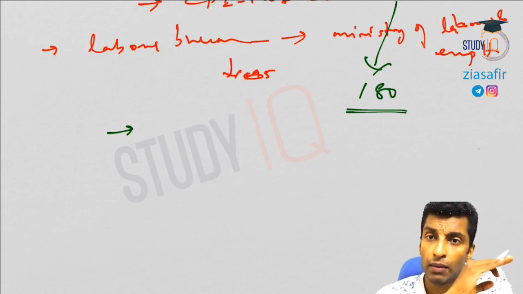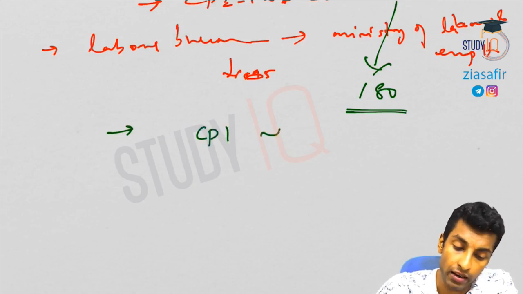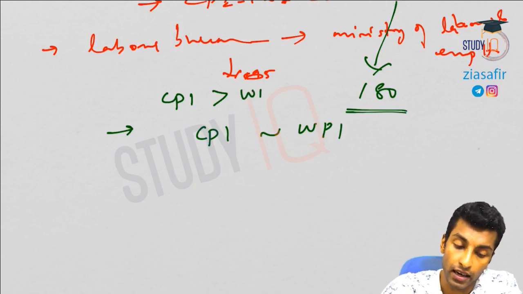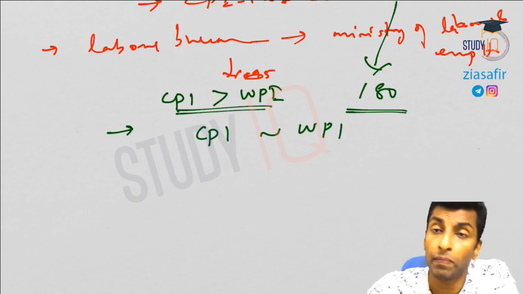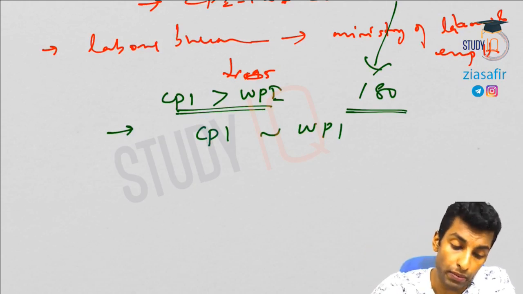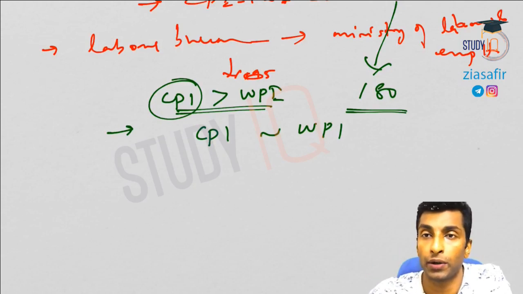But recently the food inflation is actually coming down. So now CPI and WPI are almost the same. Otherwise CPI was greater than WPI. The sole reason is the increase in cost of food. Because CPI is given more weightage for food compared to WPI.